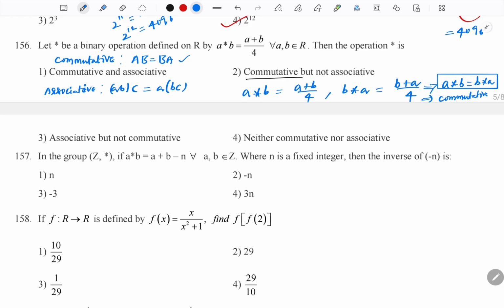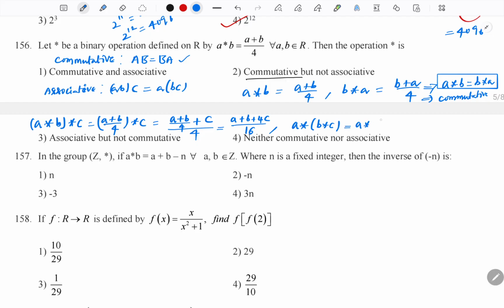Next, check associative. A star B star C, right? What is the A star B answer? A plus B by 4 star C. If I apply it one more time, it becomes A plus B by 4 plus C by 4, right? Then what is the simplification here? A plus B plus 4C divided by 16. Coming to the second situation, A star of B star C. Apply this first.